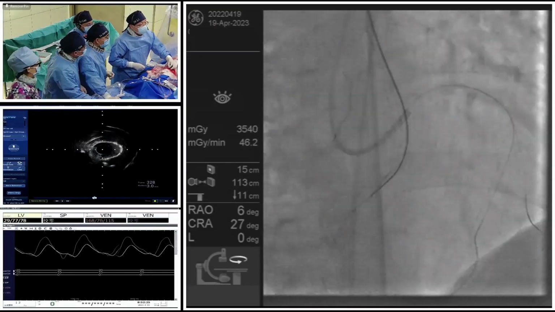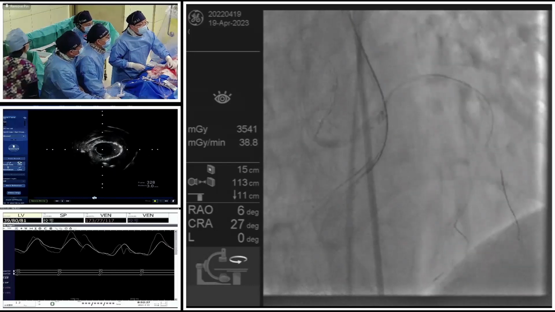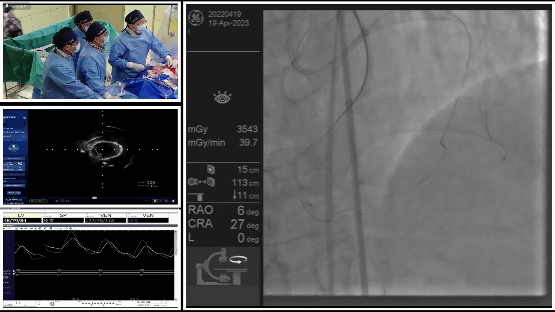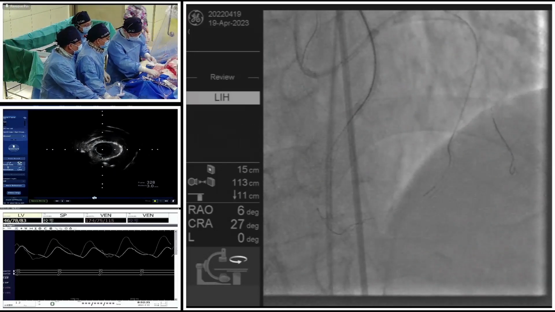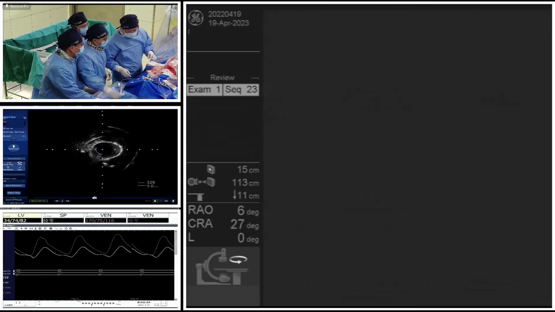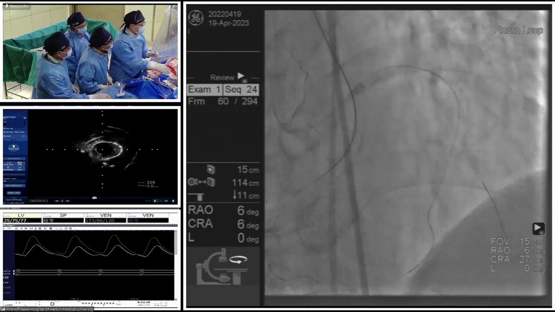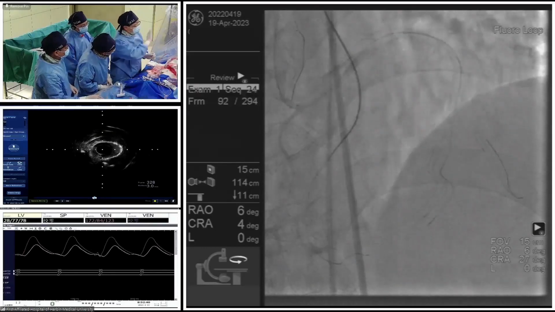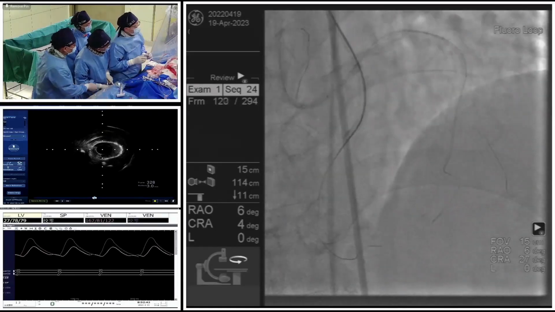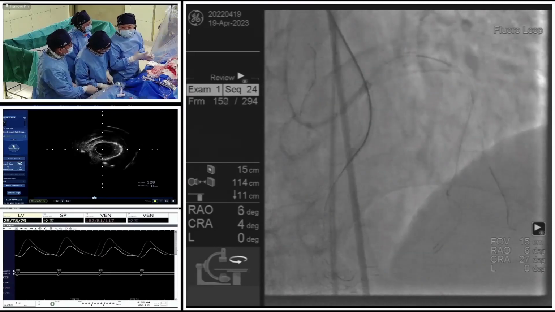And okay, I think some resistance. Okay, doesn't matter, AO view. In such conditions, sometimes we could use a retrograde wire as a landmark. Okay, at AO.